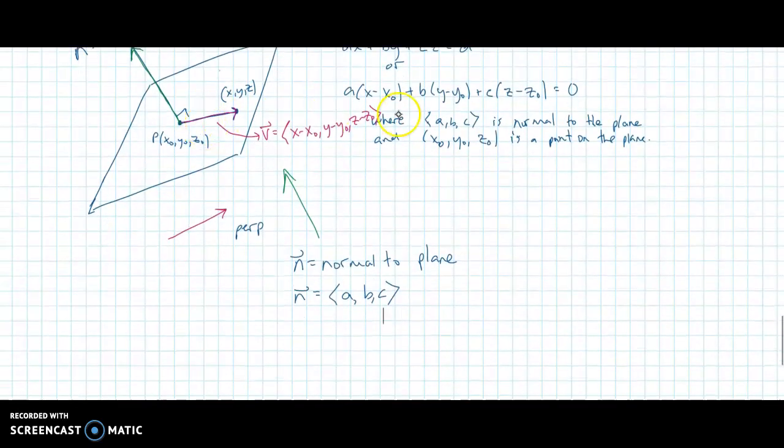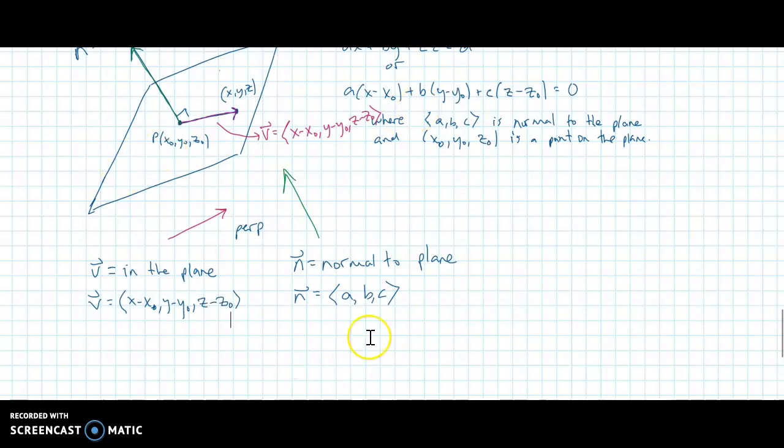And then the vector v is in the plane, and v is equal to x minus x naught, comma y minus y naught, comma z minus z naught.